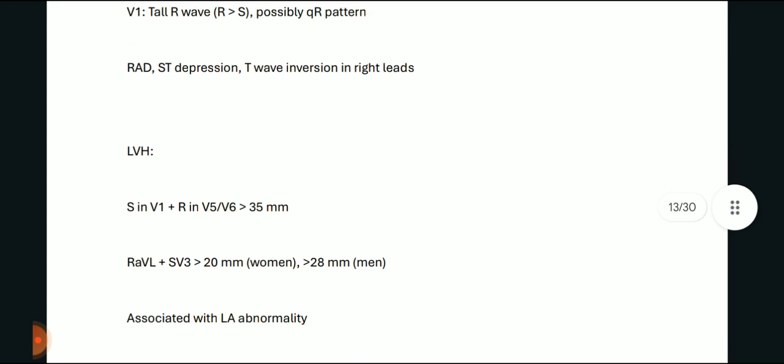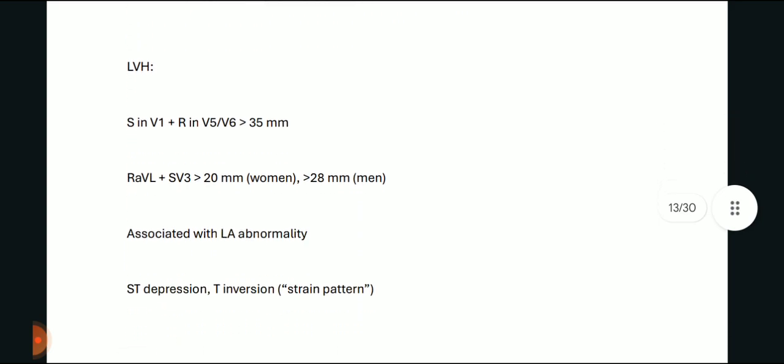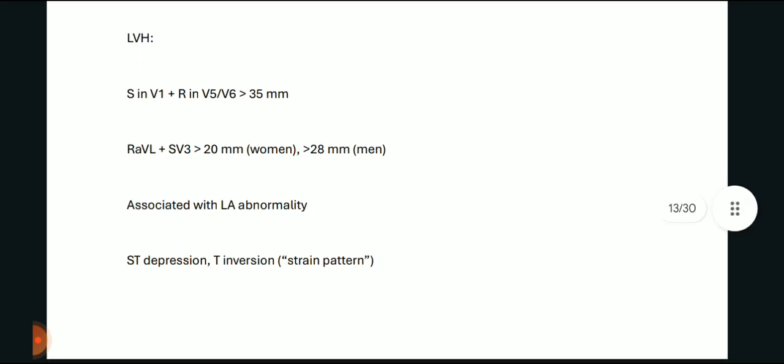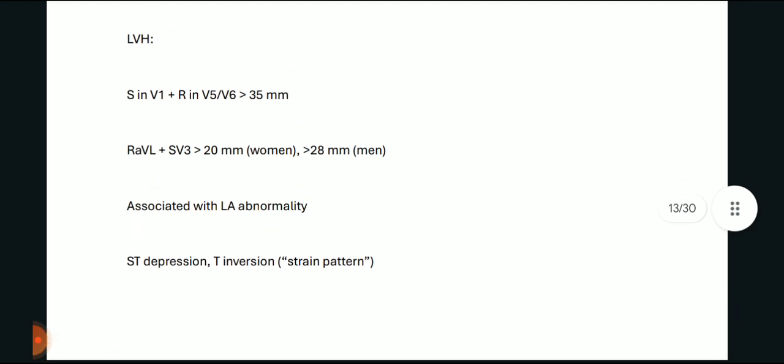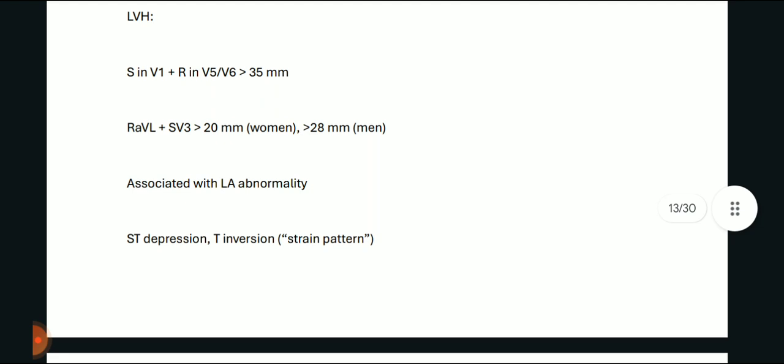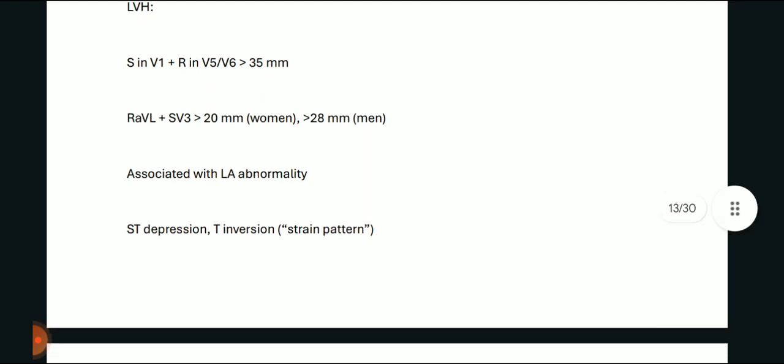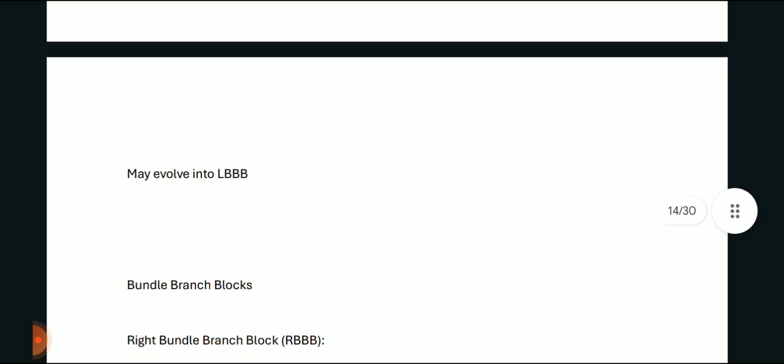If there is left ventricular hypertrophy, S in V1 plus R in V5 or V6 will be more than 35 mm. RaVL plus SV3 will be more than 20 mm in women and 28 mm in men. It will be associated with left atrial abnormality also, and there will be ST depression and T inversion. Strain pattern can be seen, may evolve into left bundle branch block.